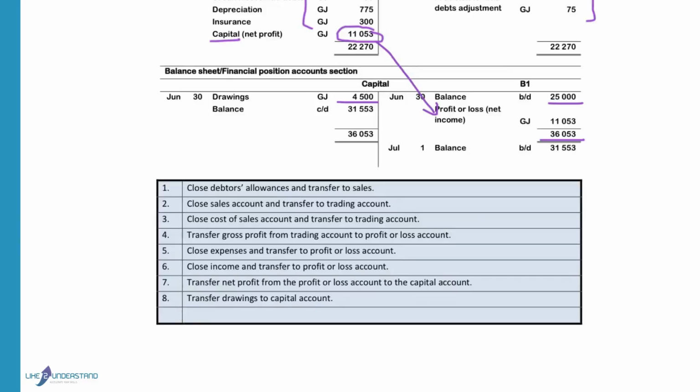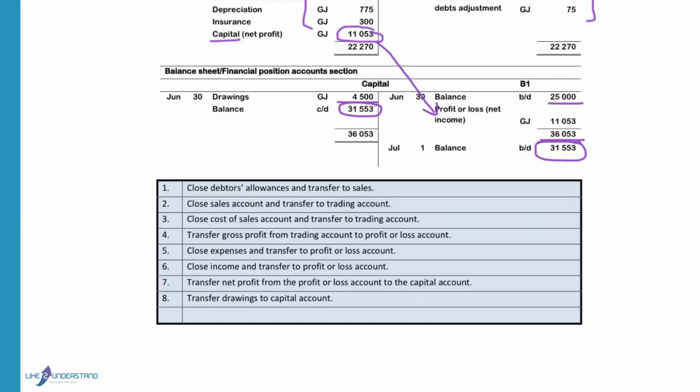So he reduced this owner's equity with 4,500, and then we work out the new balancing figure. So it means the figure that will be recorded in the balance sheet as owner's equity will be the 31,553. And the following financial year, you will start with that as an opening balance of capital.